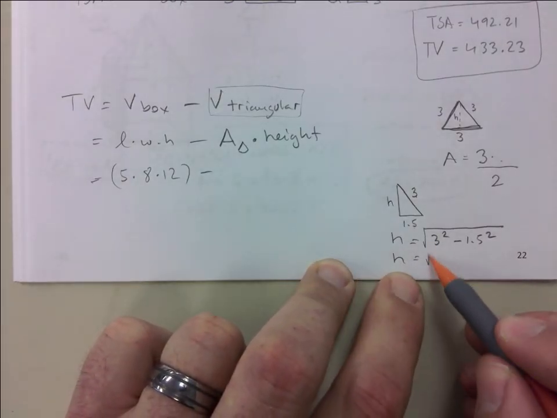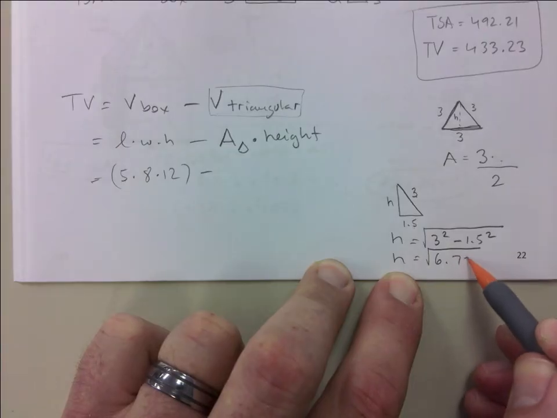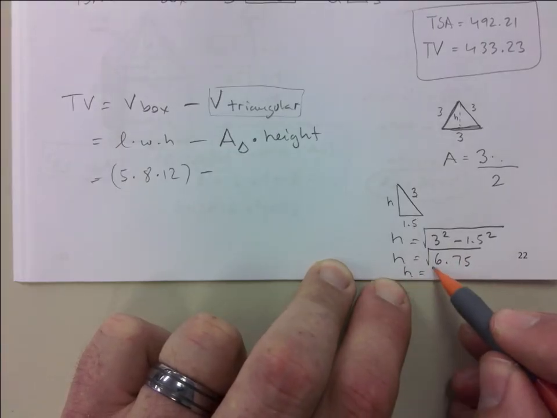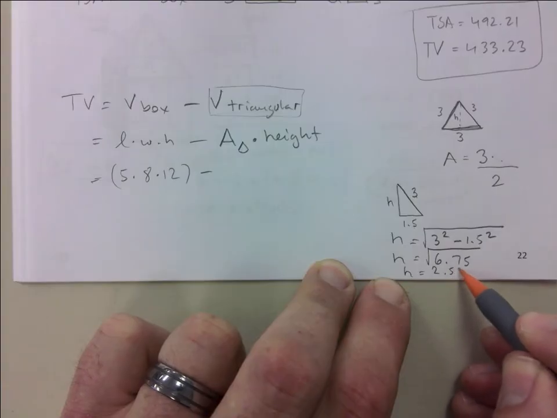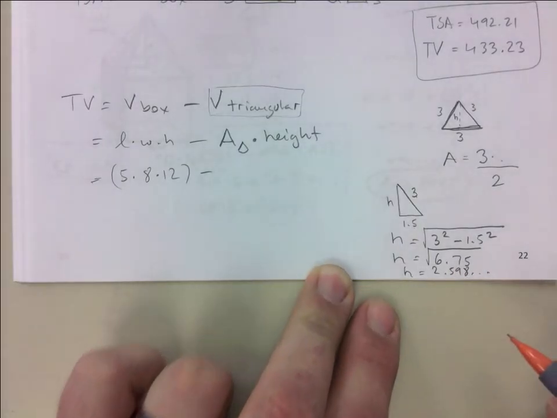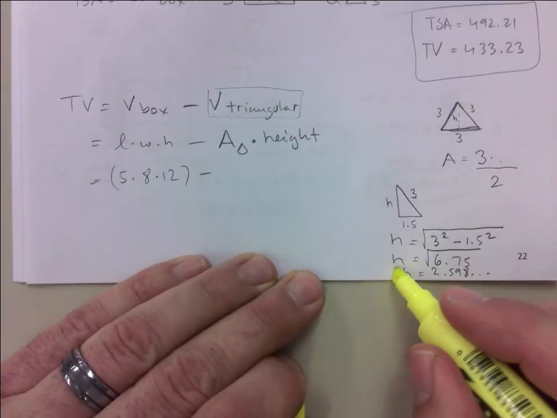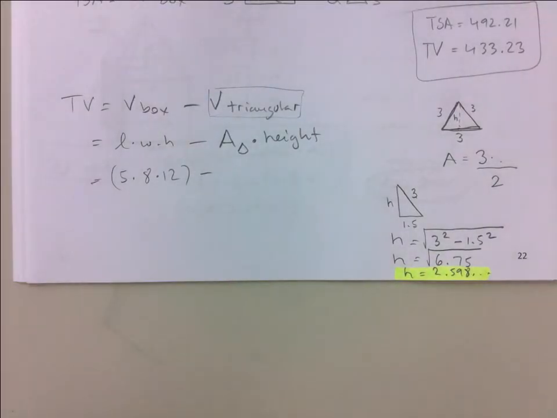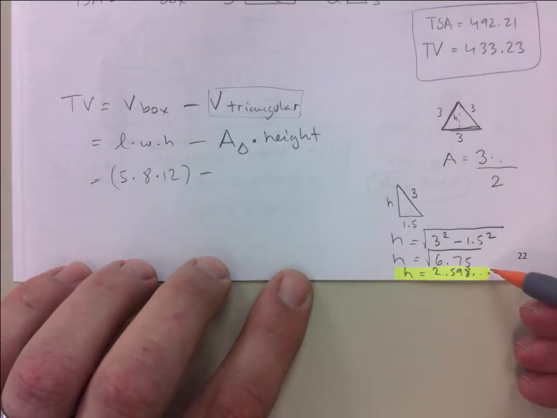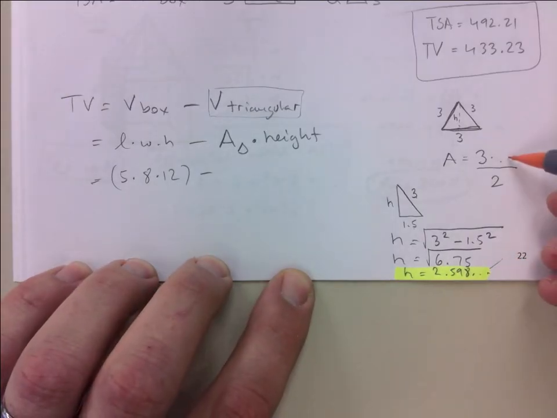That gives you root of 6.75. Yikes, yikes. 2.598 dot dot dot. I'm going to highlight that one as well. Okay. We're going to put this in here.